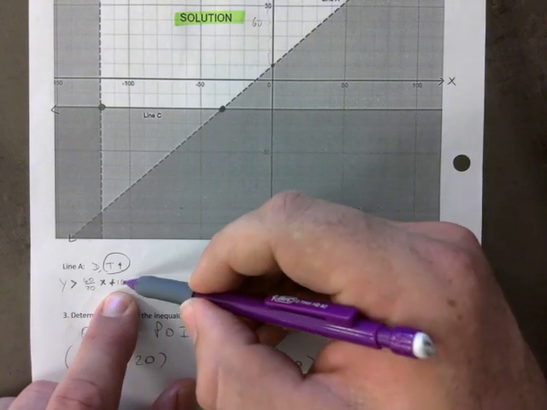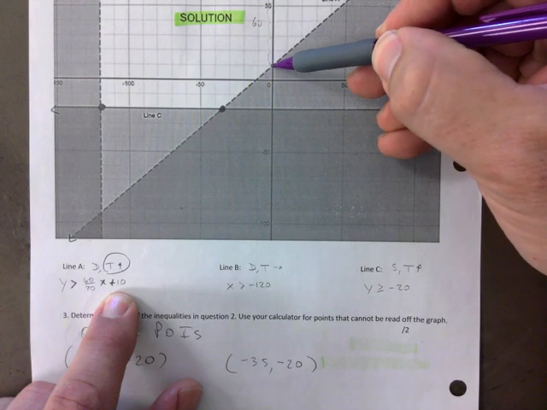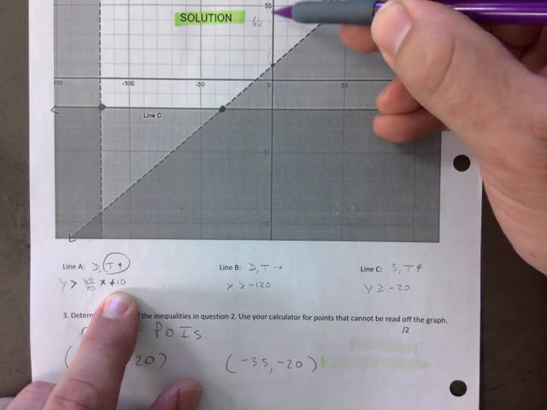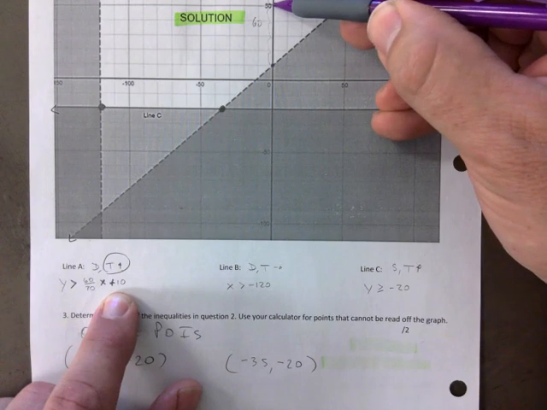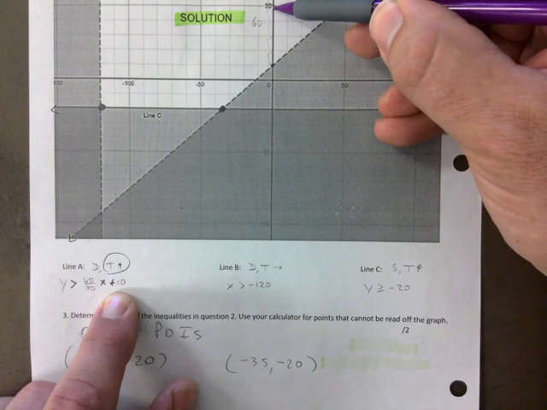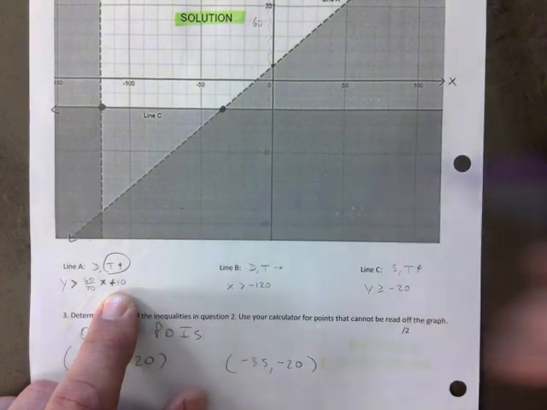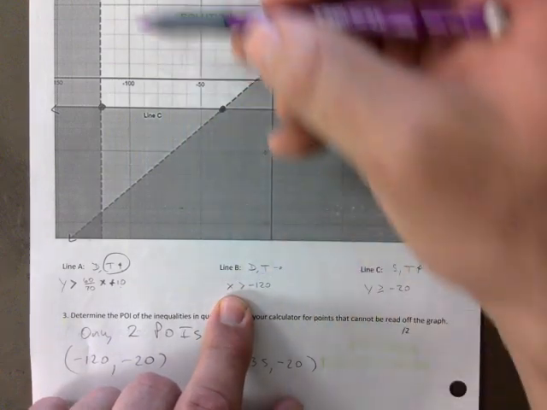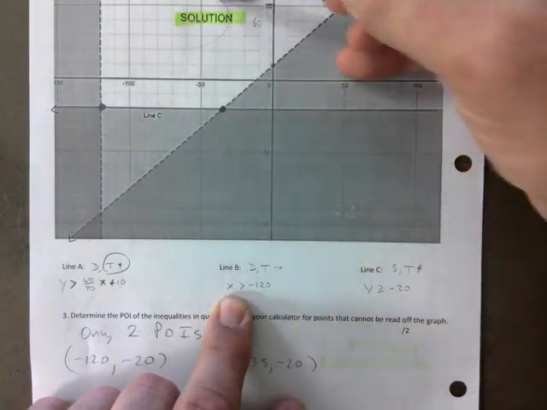And then this is plus 10. Why? Because it goes through here, and it's not 1, it's 10, because look at this scale. This is 50, so that means that every box is worth 10. So be mindful of that. So 10 there. For line B, this one, this is the solution region.